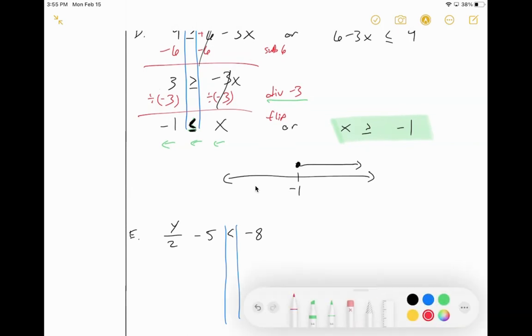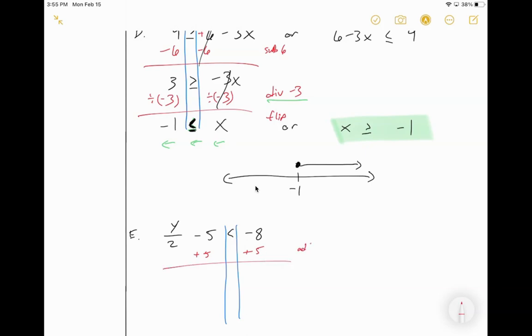I see I've got this y over 2. We'll deal with that later. I have a minus 5, so I want to add 5 to both sides. Cancels out here. I'm left with y over 2 is less than, this is going to be negative 3.